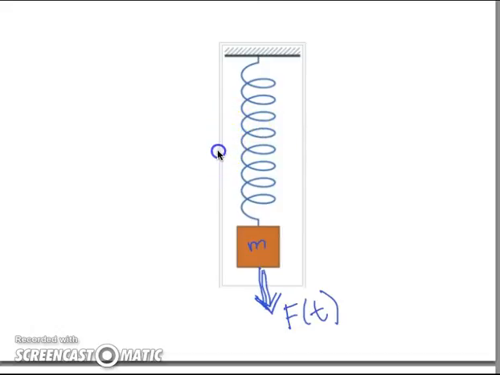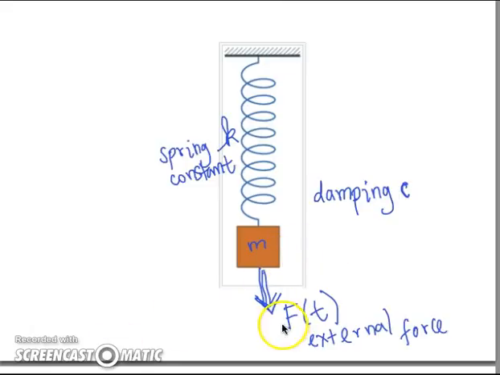Another constant that will play a role is the constant K, which will be directly related to the spring here. And there is something that is going to be considered in this system that's called damping. That action of the damping is going to be denoted with the letter C. So f of t is going to be considered an external force, and K is going to be called the constant related to the spring, or spring constant.